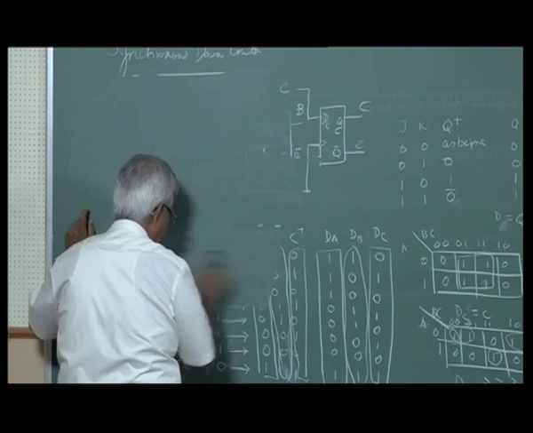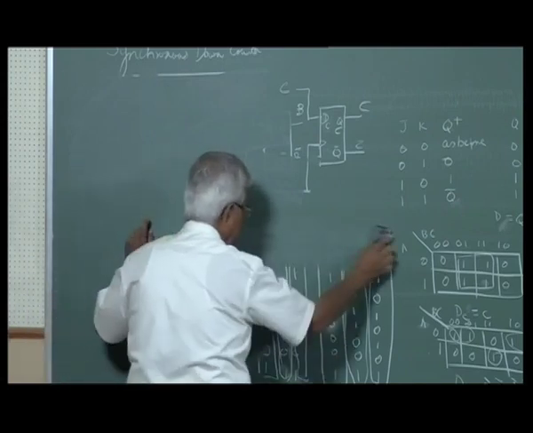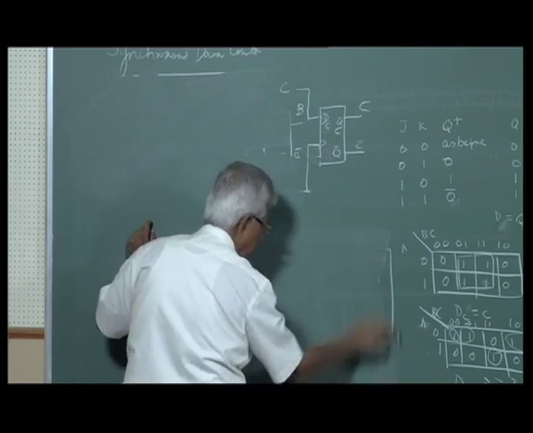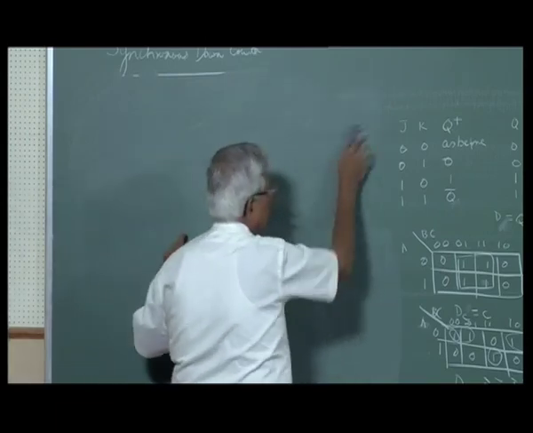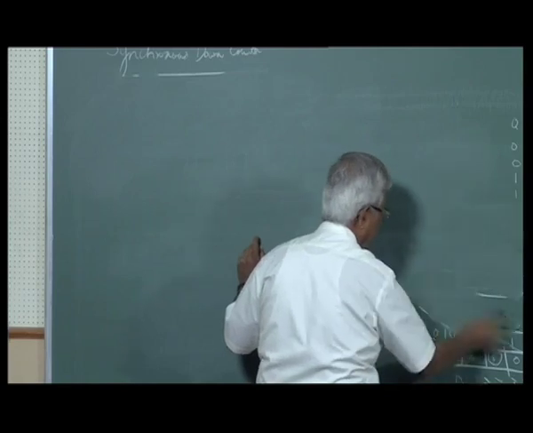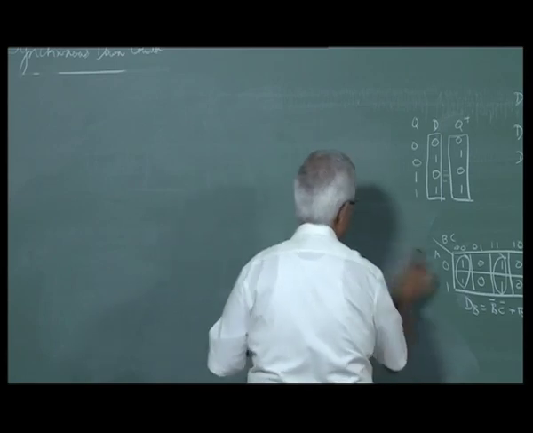Again 3 states, I mean 3 flip flops, 8 states. We will first write the sequence and use the JK flip flop instead of D flip flop. See how it comes.